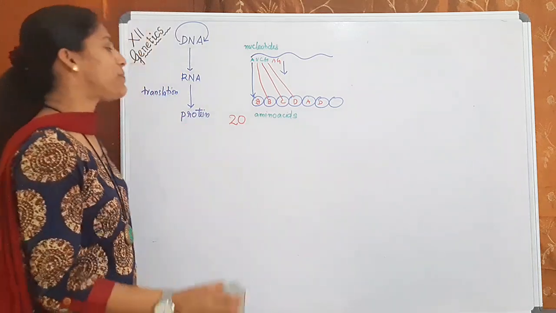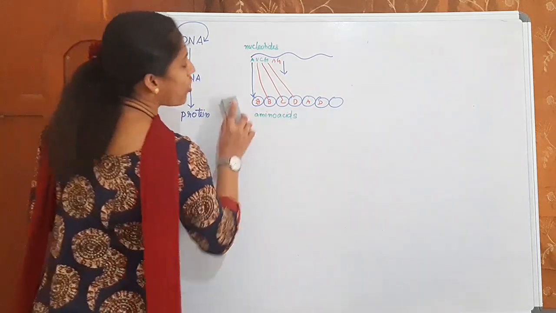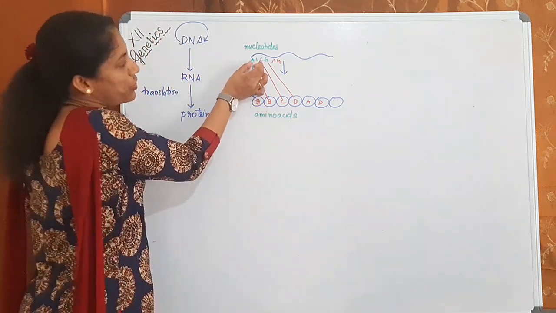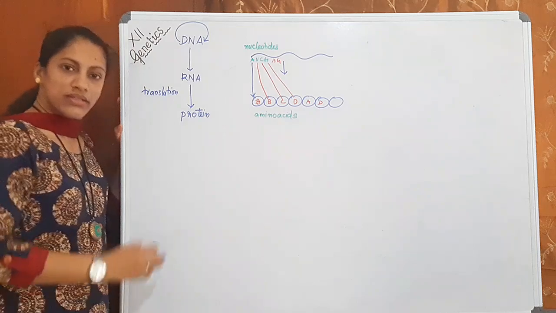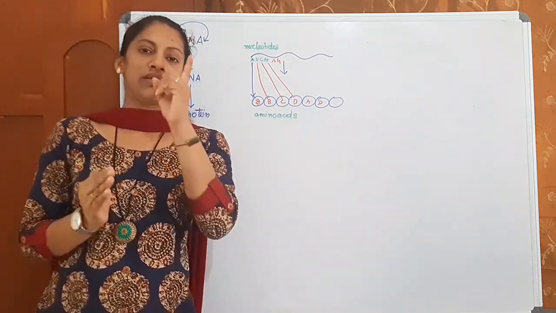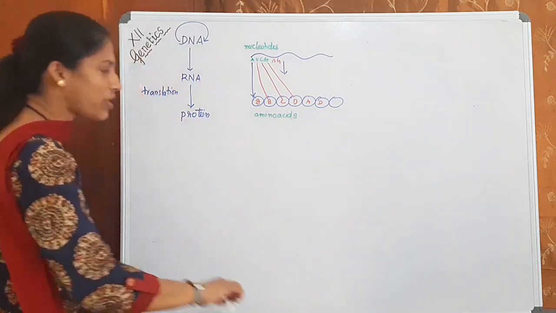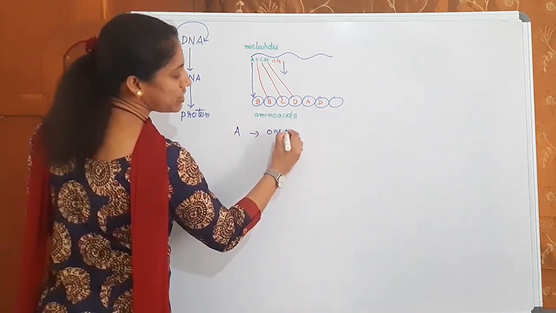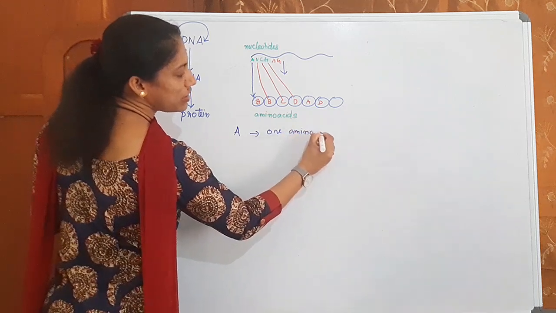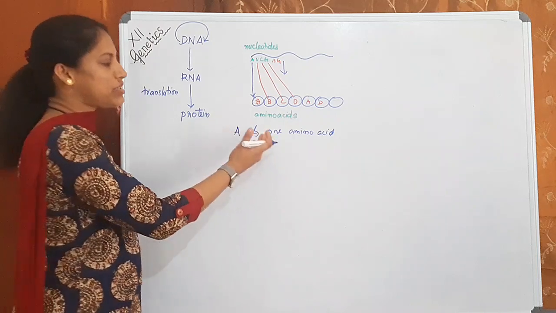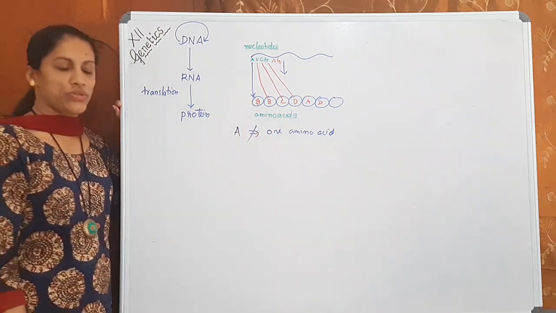Then scientists proposed a combination of bases, like AU, UC, representing one amino acid. A single base representing one amino acid is not possible because 20 amino acids are there. This way, a maximum of 4 only can be produced.